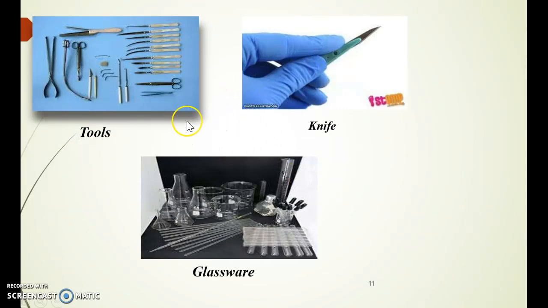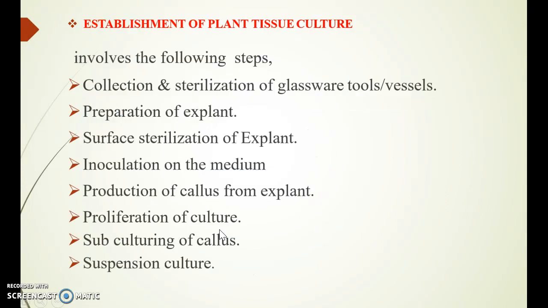These are the different tools used for the preparation of the explant: scissors, needles, forceps, knife, and these are the glasswares used for the preparation of media: beakers, conical flask, funnel, droppers, measuring cylinder, graduated pipette, etc.